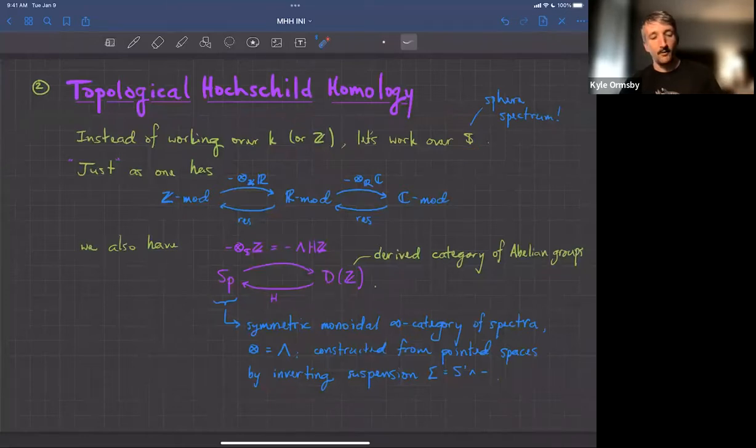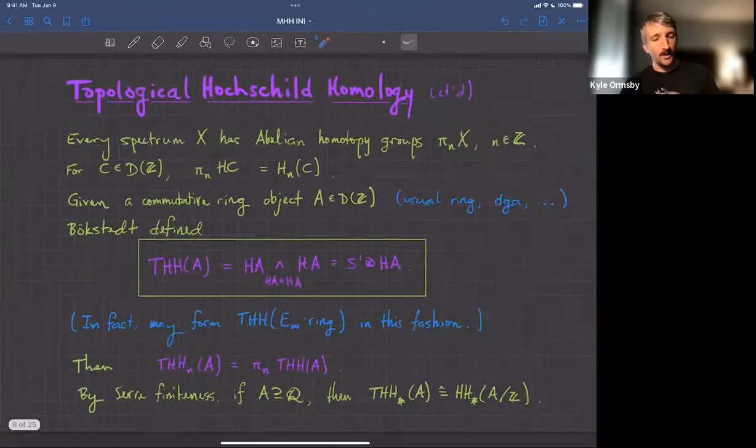Just like we have tensor-restriction adjunctions between Z modules, real vector spaces, and complex vector spaces, we can also think of the category of spectra as somehow deeper inside of the derived category of abelian groups. Of course, to turn one of these into a spectrum, we take the associated Eilenberg-Mac Lane spectrum. So what happens when we do that with the Hochschild construction?